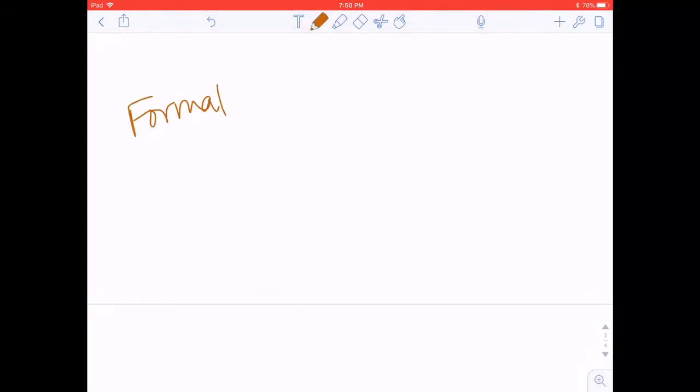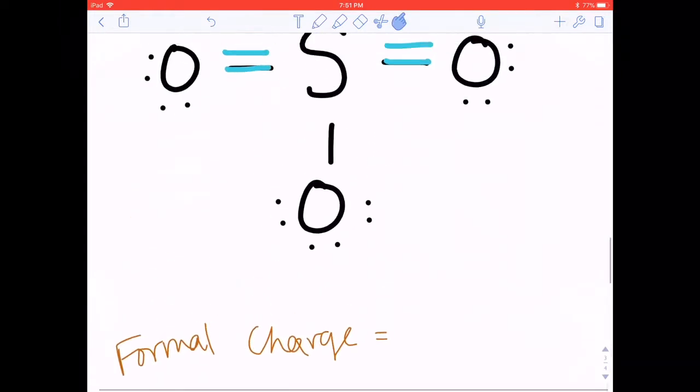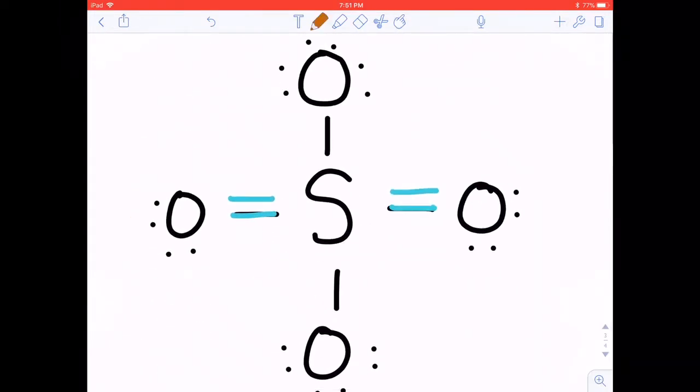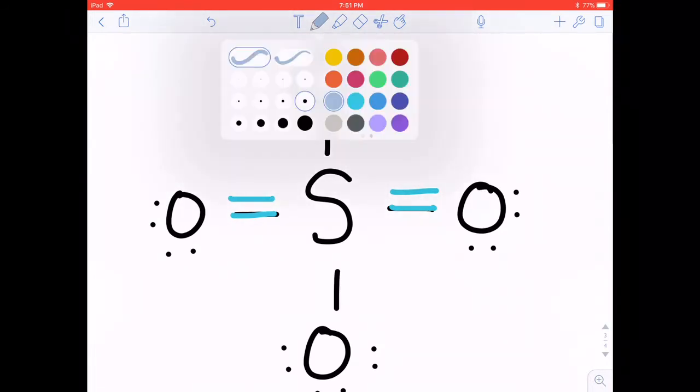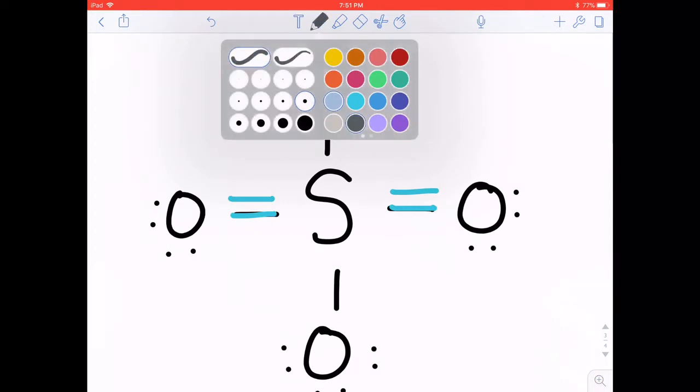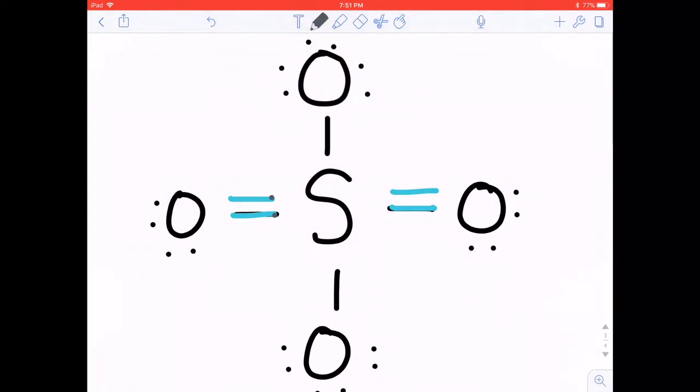So label this formal charge. So let's start with sulfur again. In the bonded atom, there should be 6 valence electrons.